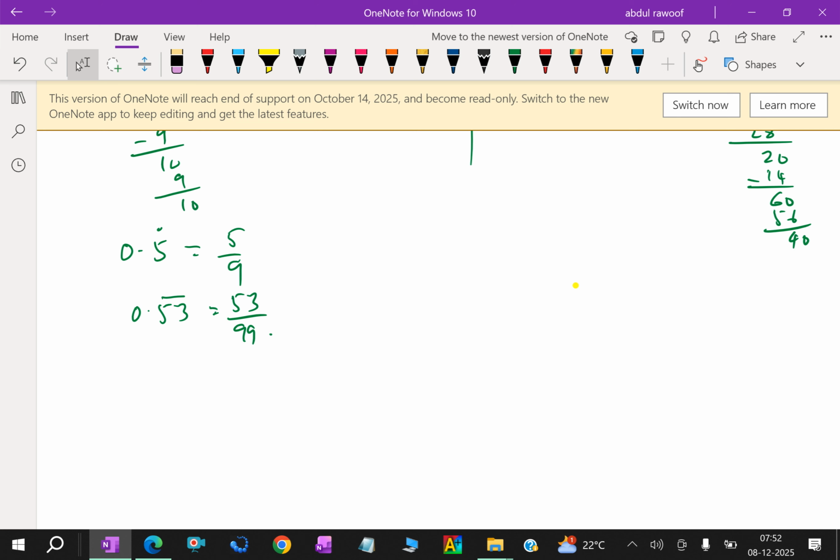Consider 0.18444, but the point is here only, which means 0.184 where the 4 is recurring, equivalent to 0.18444. But in 0.53 all the digits are recurring, that is 53, 53, 53, while here only the 4 is recurring: 0.184 with 4 recurring.